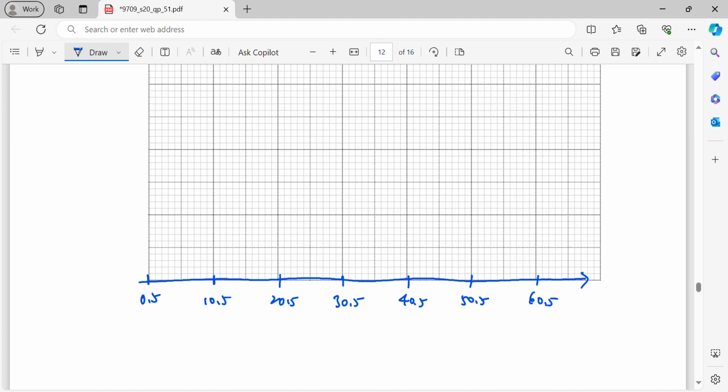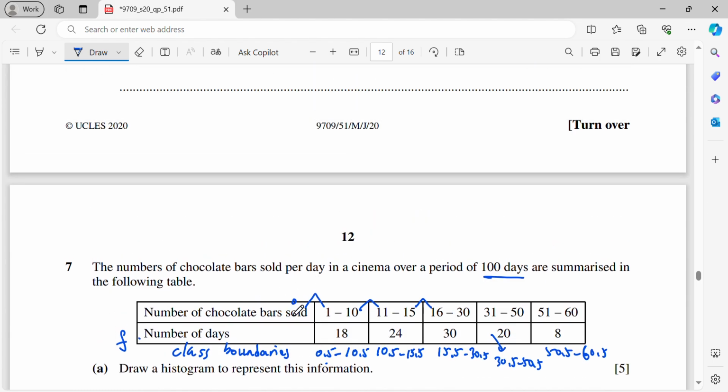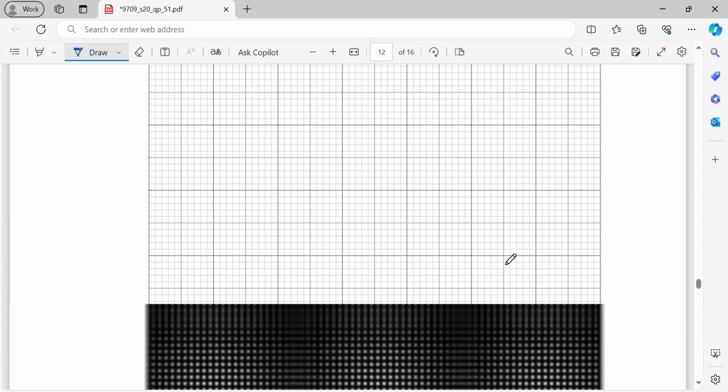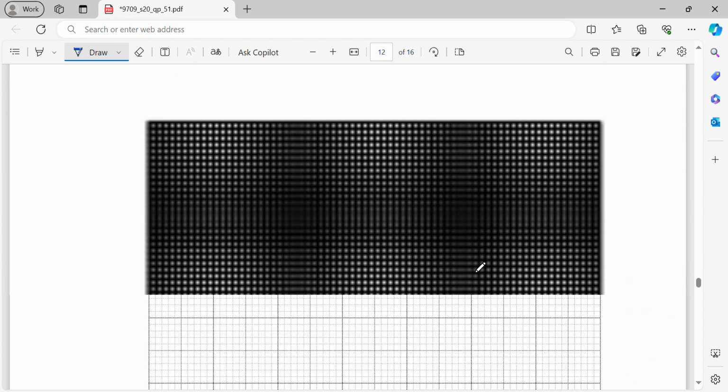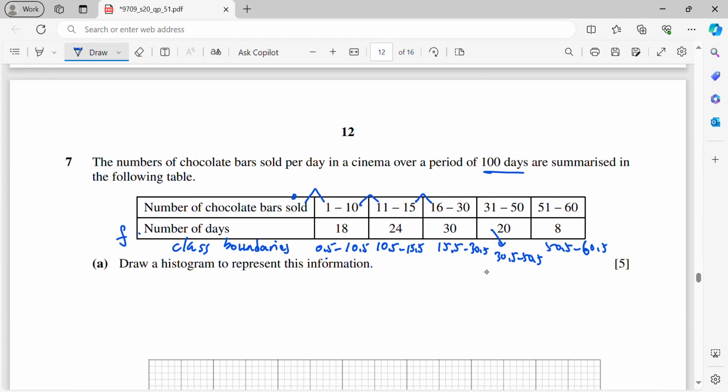This will be my number of chocolate bars sold. Then for the frequency, maximum 30, minimum 8.